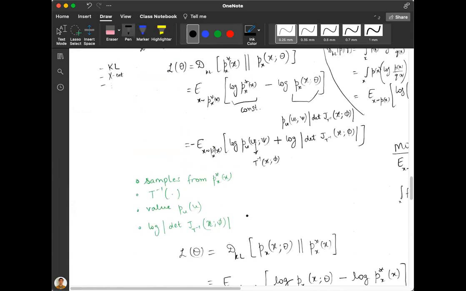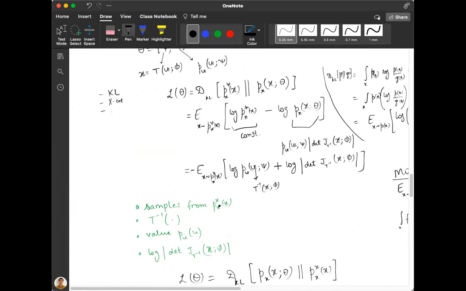Let's say you have images of a person, and now you want to make a flow such that you can sample more images of the same person. You can generate new images of the same person.